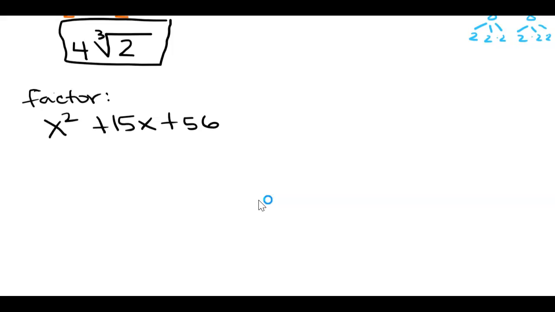You're thinking to yourself, what times what equals 56? And I always tell my students to make sure that they're working organized when they're figuring out these factors. So I want to know what multiplies to be 56 and adds to be 15.